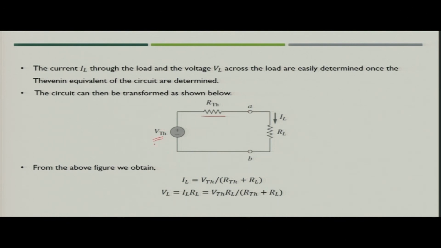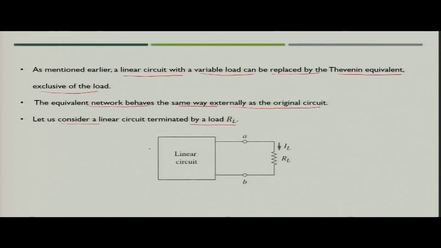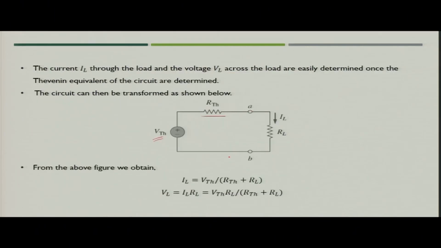This would be the equivalent circuit of your original circuit, where the linear circuit is not known to us; we are just simply replacing it with the Thevenin equivalent. Now, how will we calculate the value of current IL?